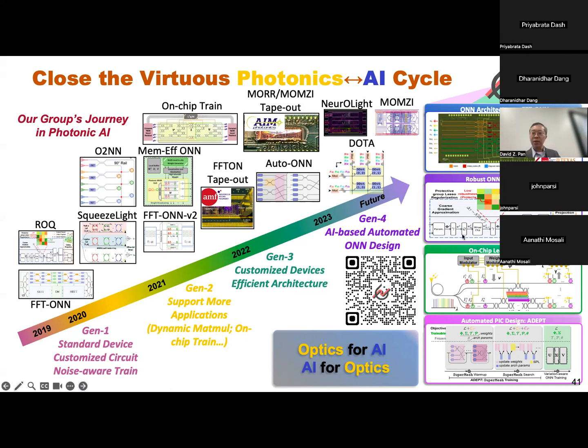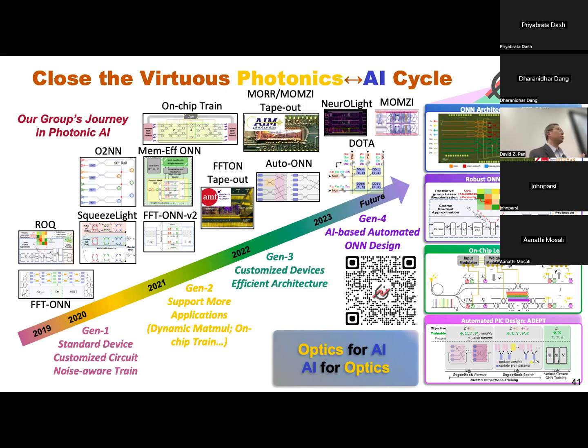We actually taped out chips, and we also released some software. My student Jiaqi Gu and other students have contributed to the open source PyTorch ONN, so I think there is really a lot of potential here. This is still a very new area compared with CMOS.